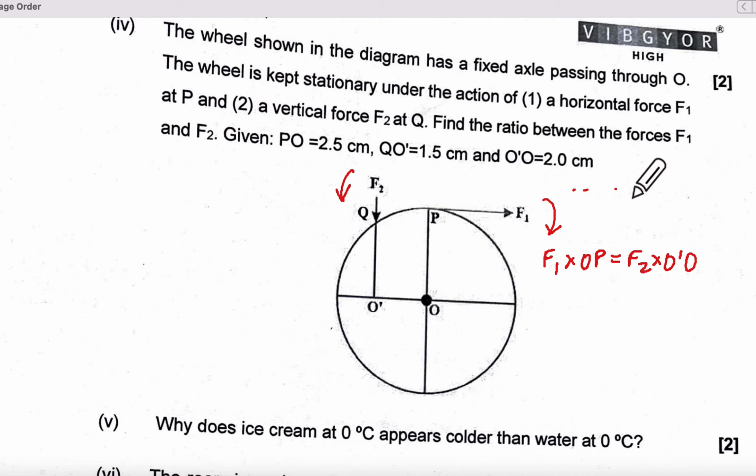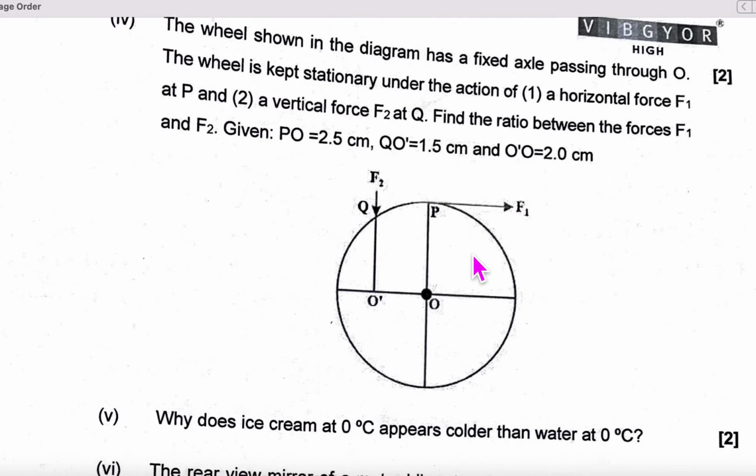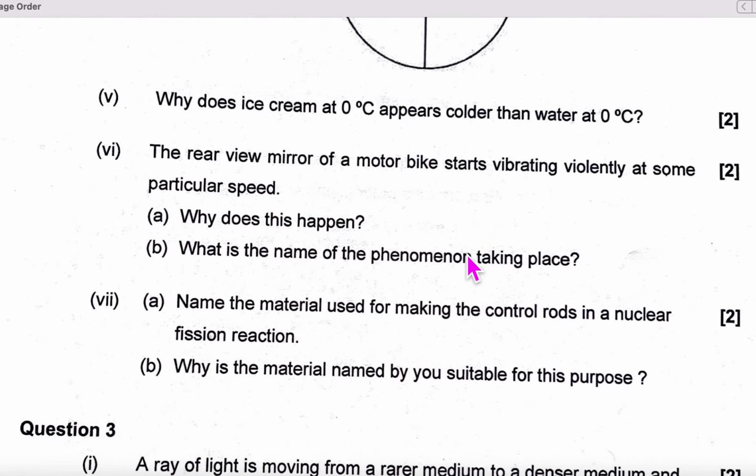Yes, ma'am. Or you can say that the torque due to F1 is equal to the torque due to F2, because it's in balance condition. Okay, and after you get this, you will have F1 upon F2. Find the ratio between the forces: F1 is to F2 will be equal to O dash O upon OP. Now can you see all these measures are given? You can follow this on your own and you can get it. Understood? We are not going to do each and every step.